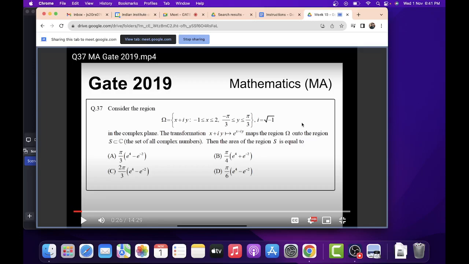And again, some part of the annulus it will map, so this region, the annulus with two circles of radius e squared and e inverse. Suppose y is fixed and you vary x, then what will happen?